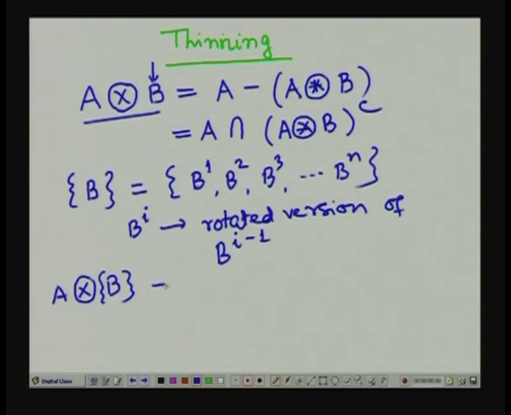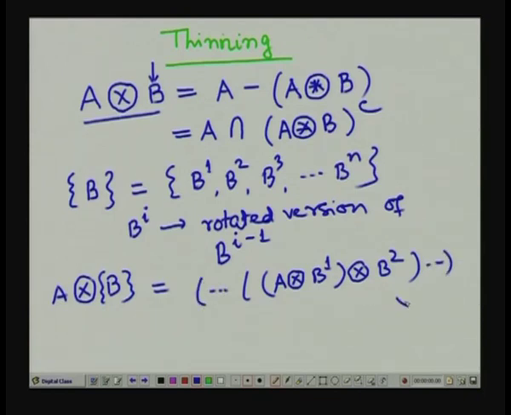is defined as: first thin set A with structuring element B1, this result you thin with structuring element B2, you continue like this, and finally, this output you thin with structuring element Bn. This completes one iterative step of the thinning operation.